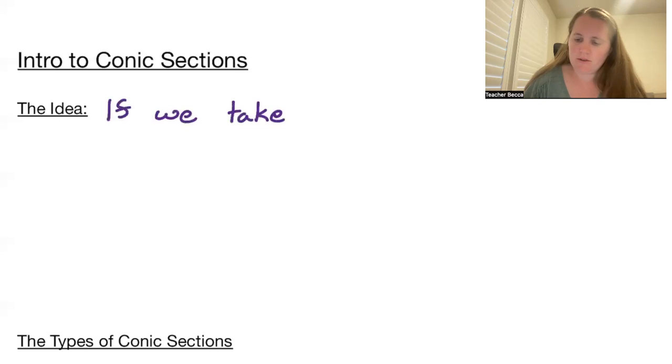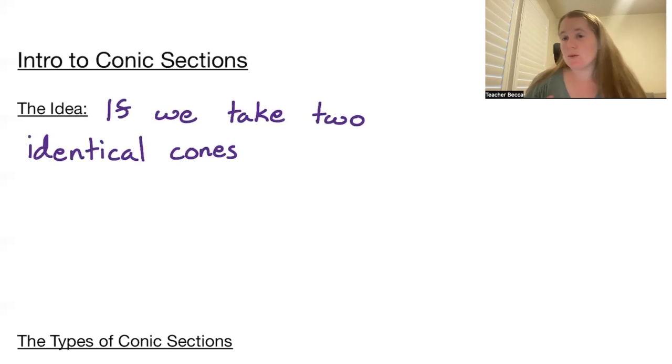identical cones and place them sort of on top of each other, point to point.